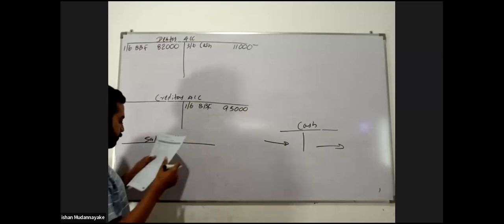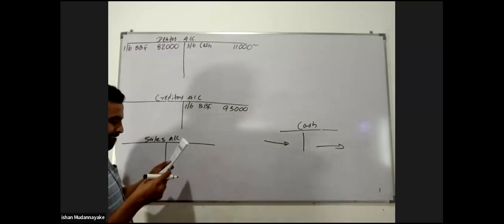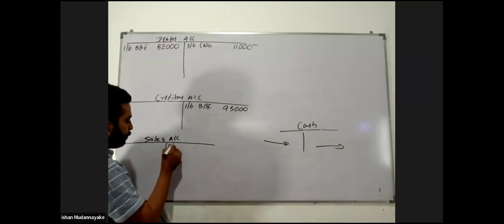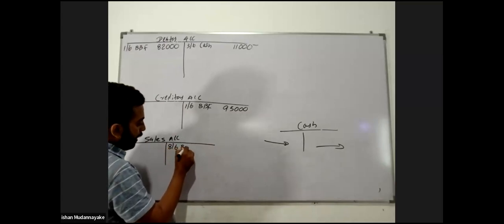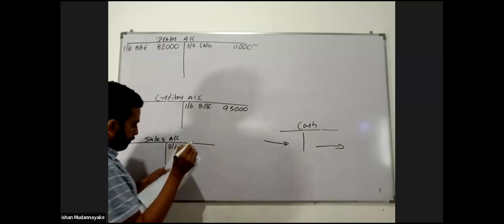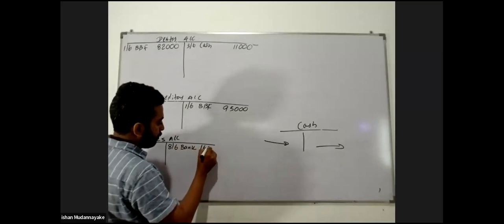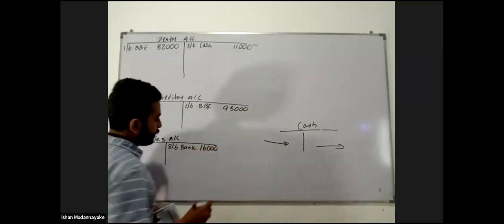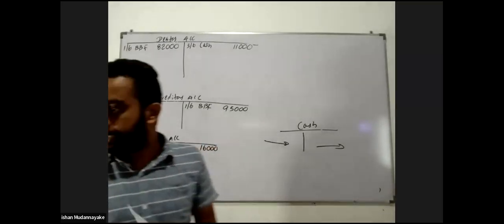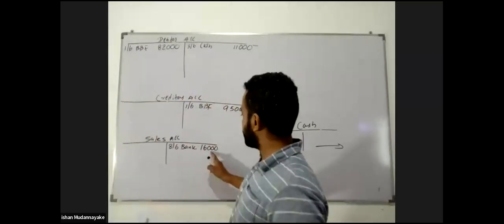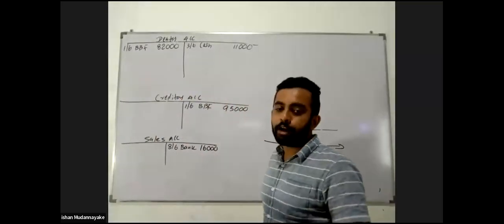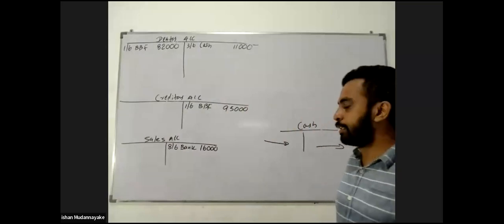Sales account credit, 8 June, bank 16,000. Together: bank account debit 16,000, sales account credit 16,000.